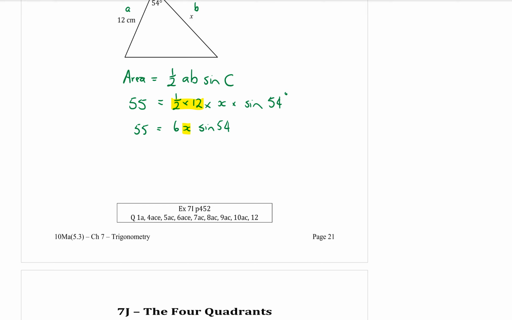Now I can do both of them at the same time. So that means that x would be equal to 55, and I'm dividing the 6 and the sine 54 across underneath that 55. Okay, and then you just have to type that in your calculator. And we get x equals 11.33, because that's 2 decimal places. This is a side length, so that will be in centimeters.